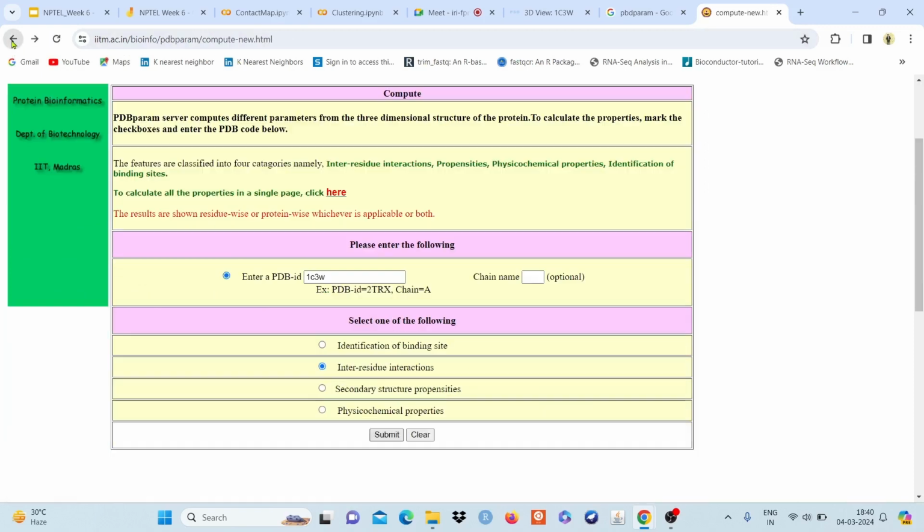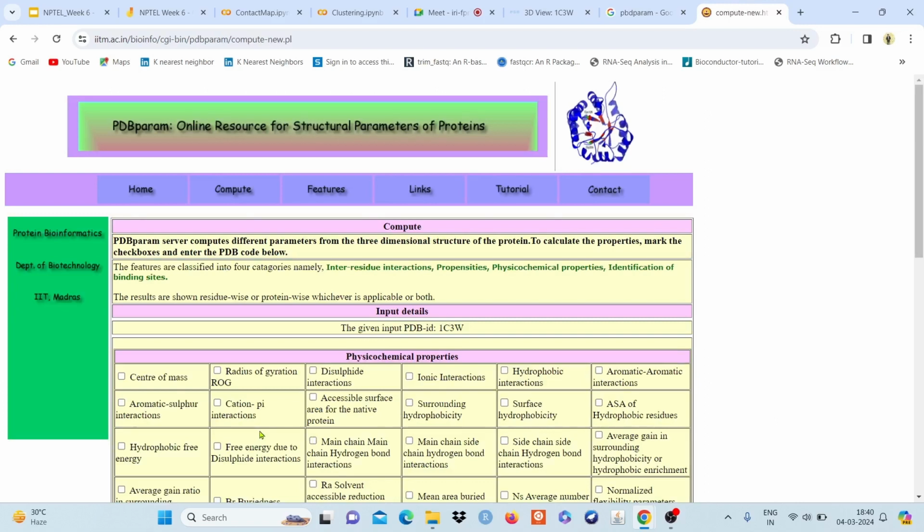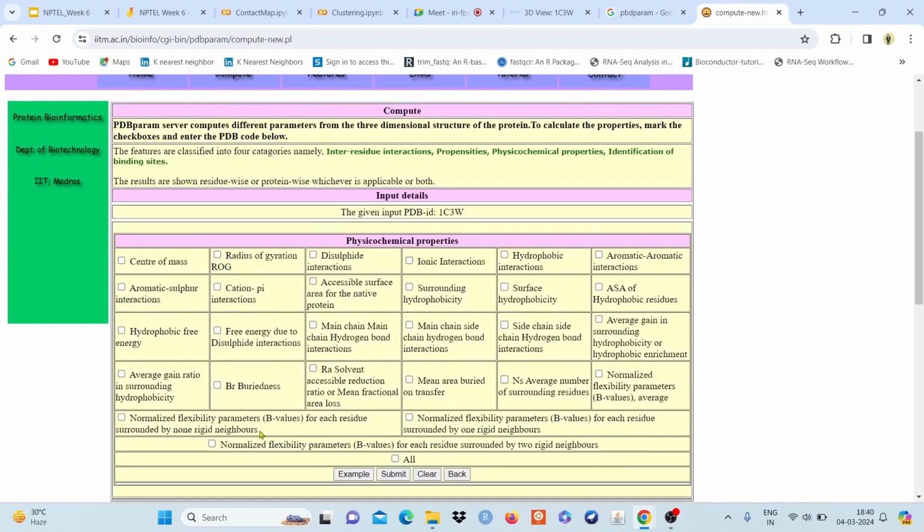Similarly, to visualize what type of non-covalent interactions are present, and the number of non-covalent interactions present in your protein, I'm selecting the physiochemical properties, then clicking submit. So here I can see main chain hydrogen bonds, side chain hydrogen bonds, hydrophobic interactions.